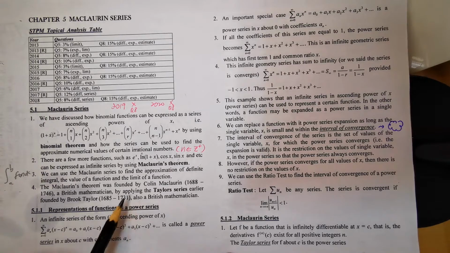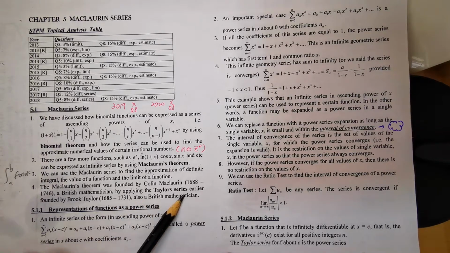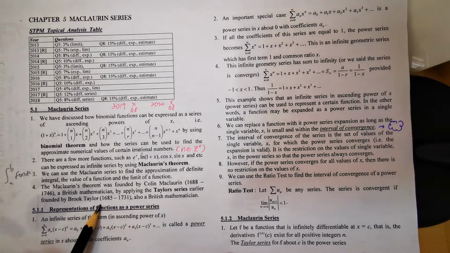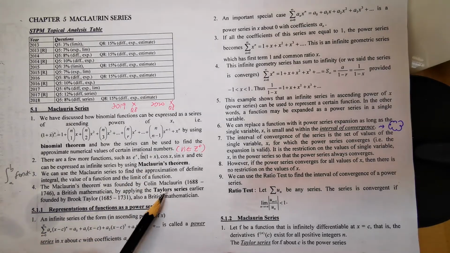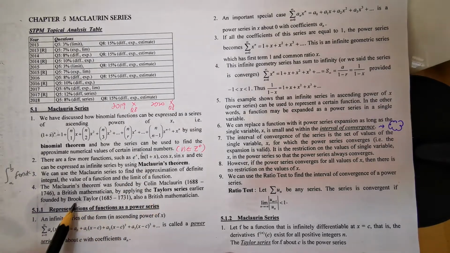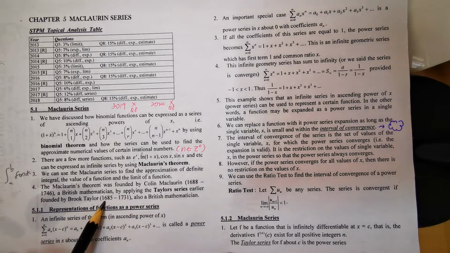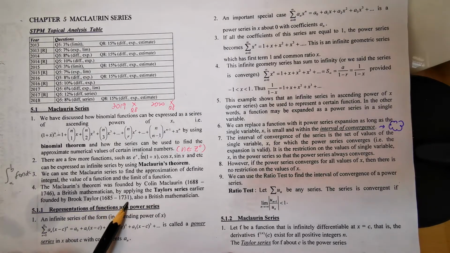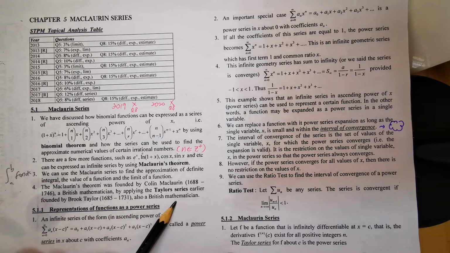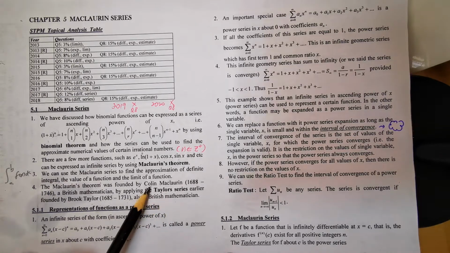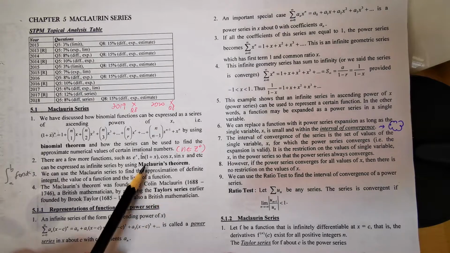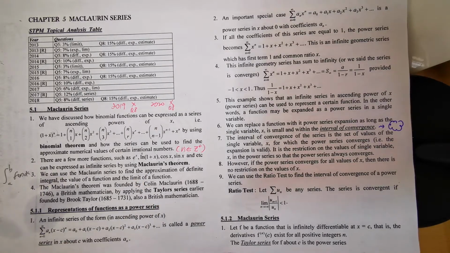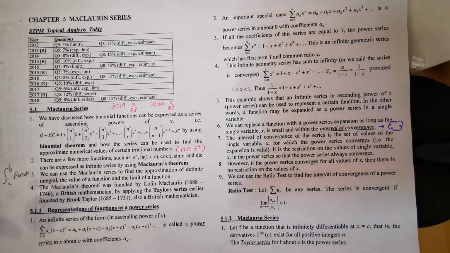Okay, and by applying the Taylor series earlier founded by Brook Taylor, means that this Maclaurin's theorem come from Taylor series, and this Taylor series is actually found by Brook Taylor, which is from 1685 to 1731. Also a British mathematician. So Colin Maclaurin extend the Taylor series and become Maclaurin's theorem. Alright, so this is a bit about Maclaurin series.